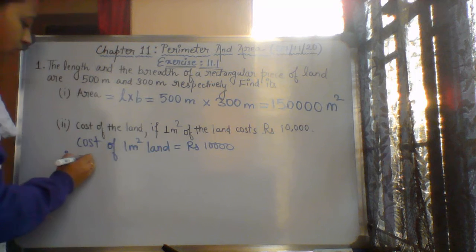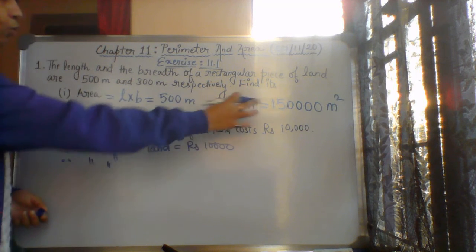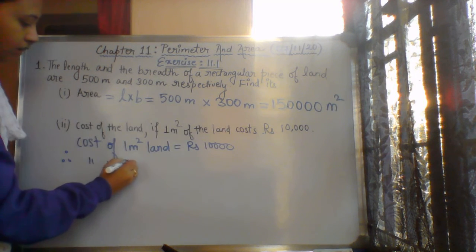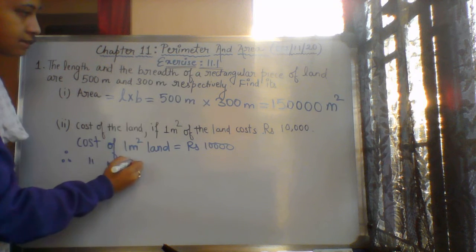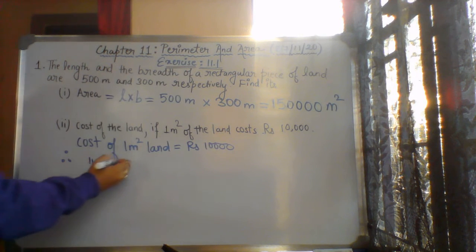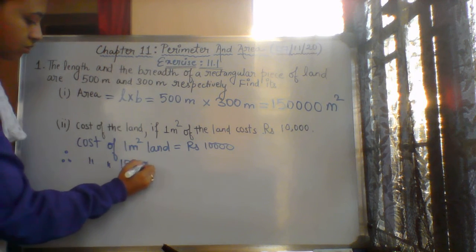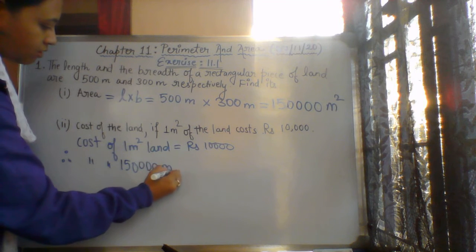So now what will be the cost of our required piece? Our area of that rectangular piece is 150000 meter square.